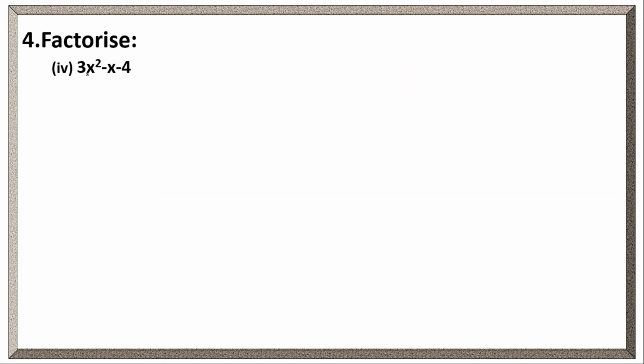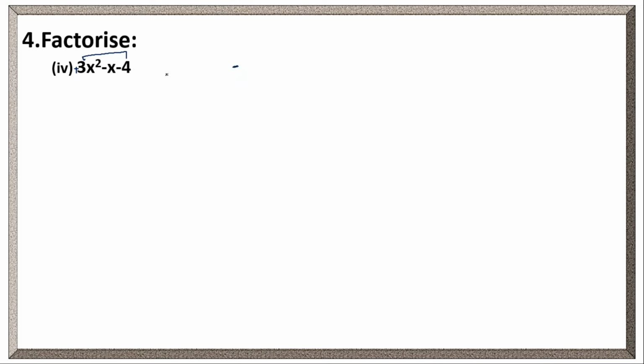Here the given polynomial is in standard form, so we have to multiply first and last terms. That means x square term and constant term. For 3x square we have plus sign, my constant term we have minus. So plus into minus, we have to multiply first and last term.